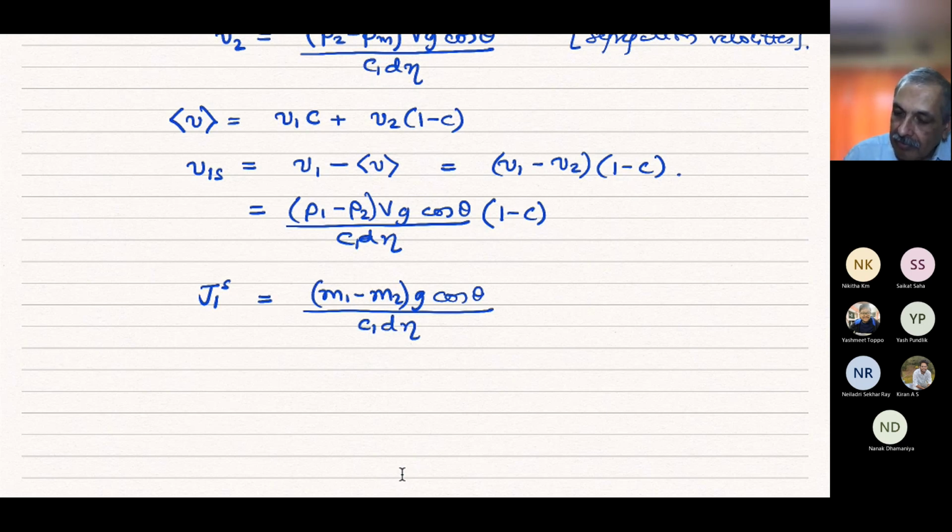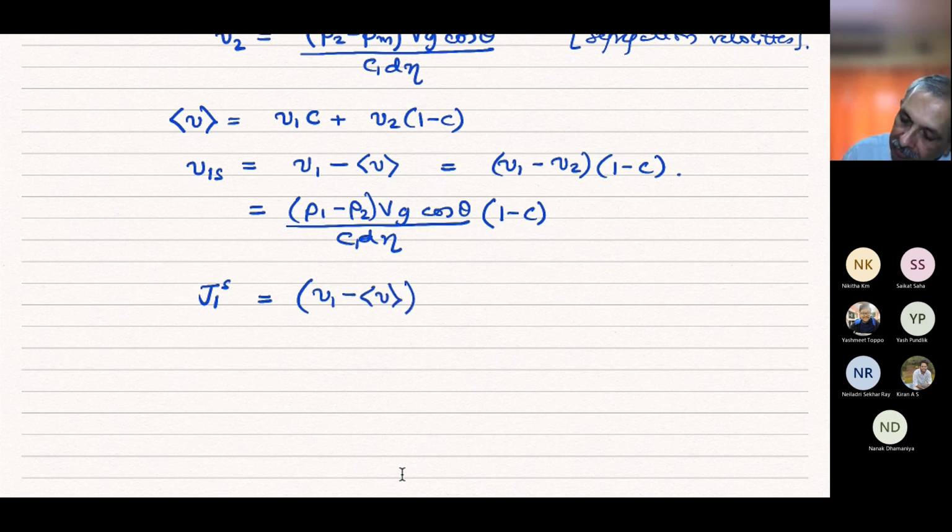So what is the segregation flux? That I didn't write down. Just as before, the segregation flux is nothing but the velocity of one relative to the mean velocity.